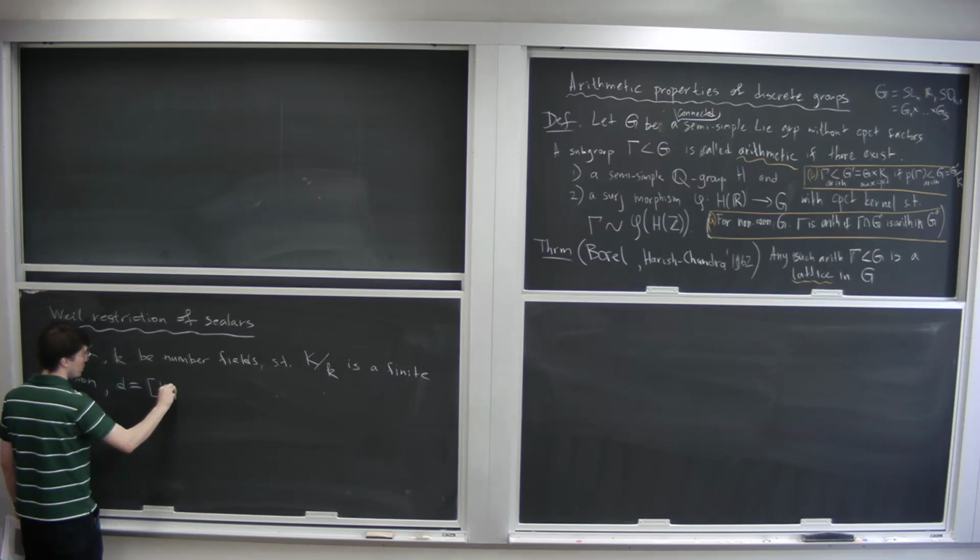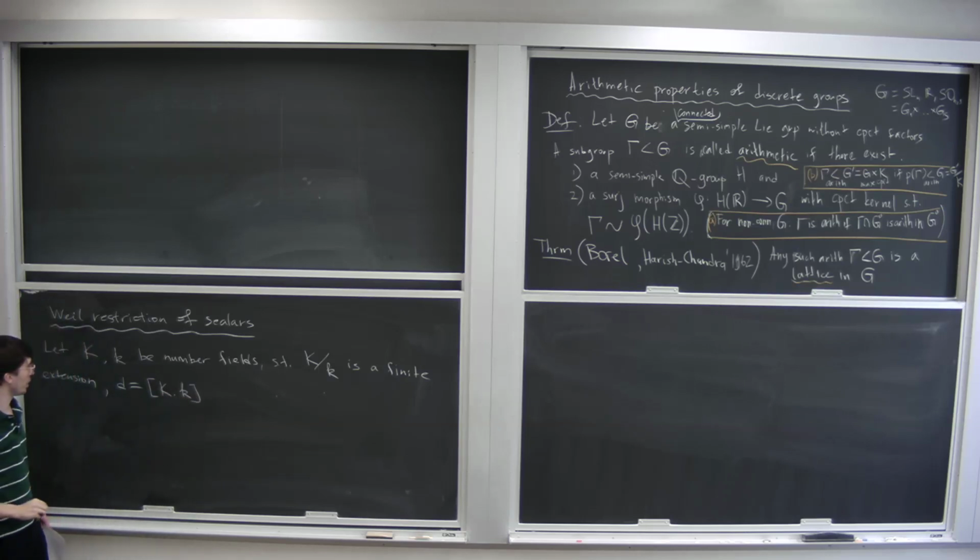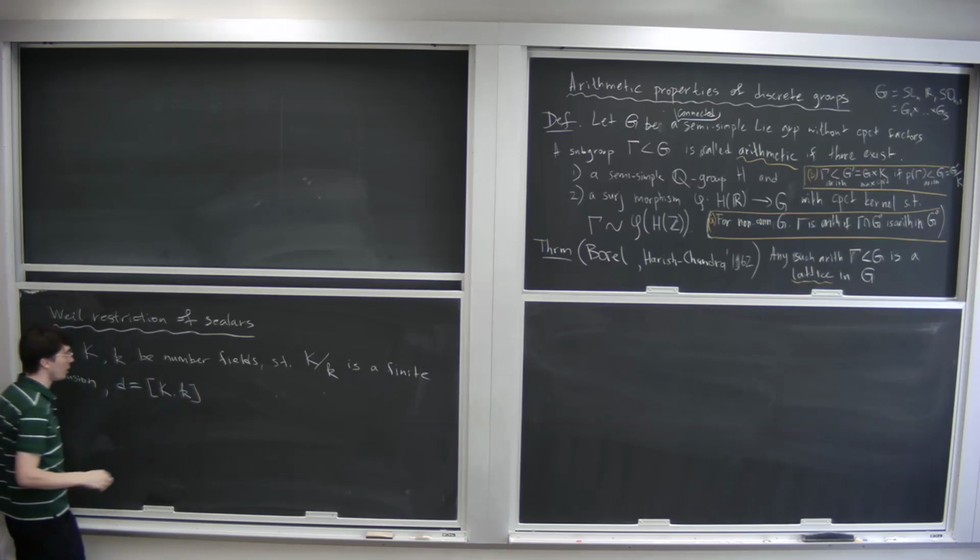So basically d is kind of like an index of a subfield k in the capital K.